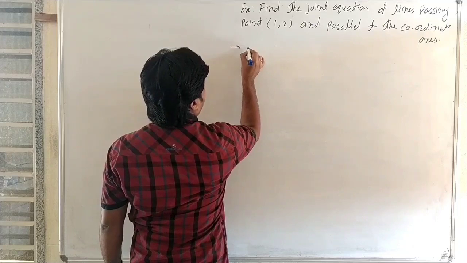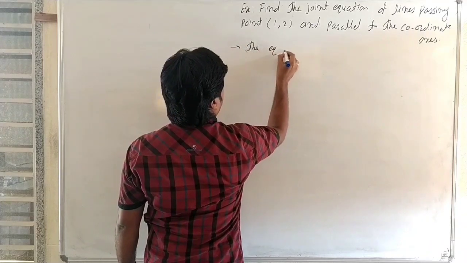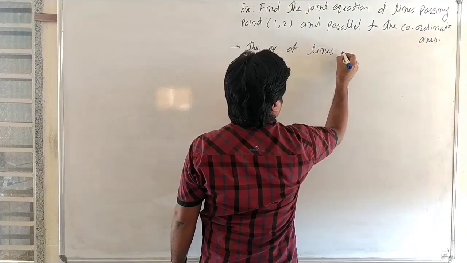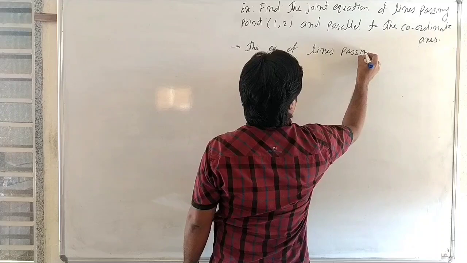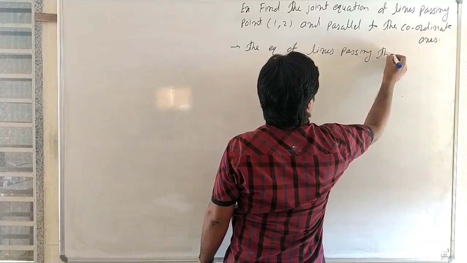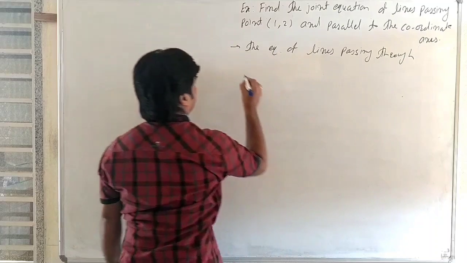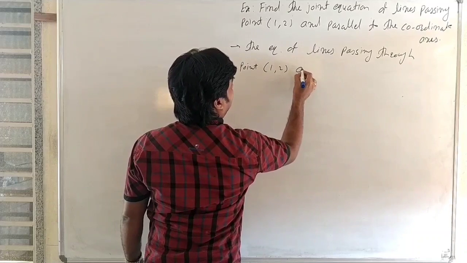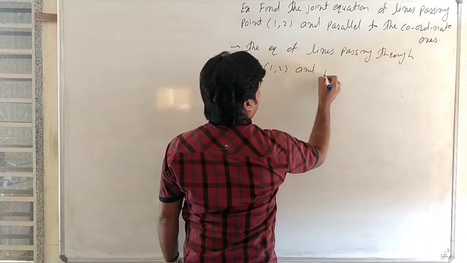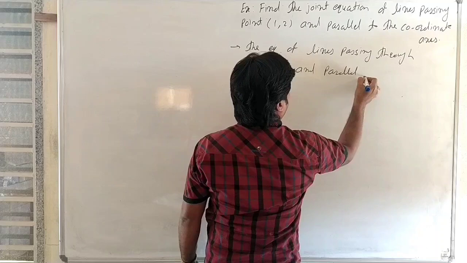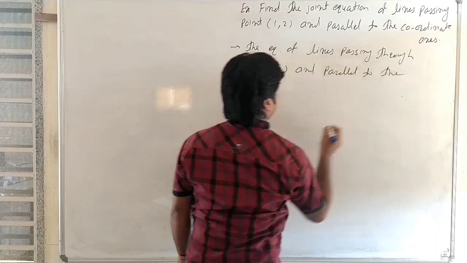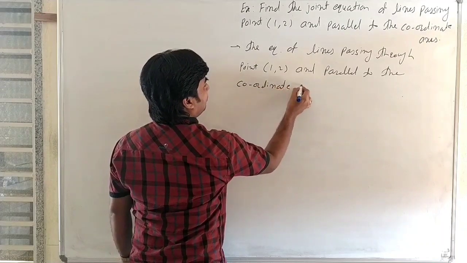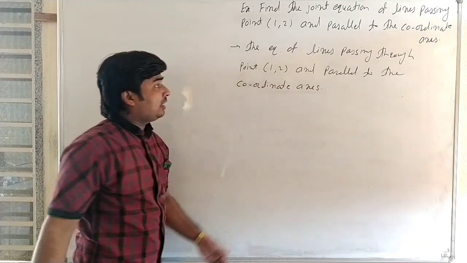Okay, here the equation of lines passing through point (1, 2) and parallel to the coordinate axis.